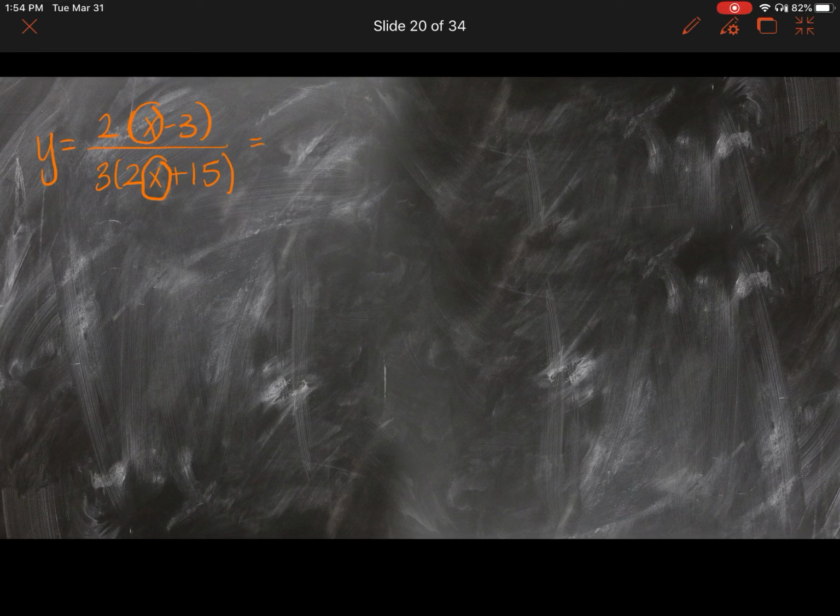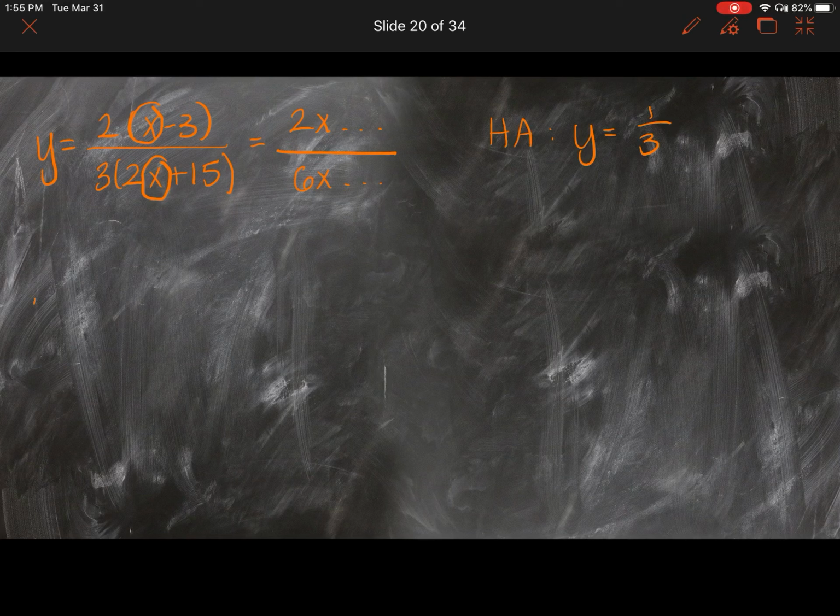Well, we need the ratio of the leading coefficients, but we kind of have to multiply it together to get that. But really all we need is the highest degree. So what would I get as my leading coefficient of x? Well, I would get 2x. And we don't really need to worry about the rest of it. And on the bottom, 3 times 2x, I would get 6x and some other stuff. So what's the ratio of the leading coefficients? The horizontal asymptote would be y equals 2/6, which reduces to 1/3.